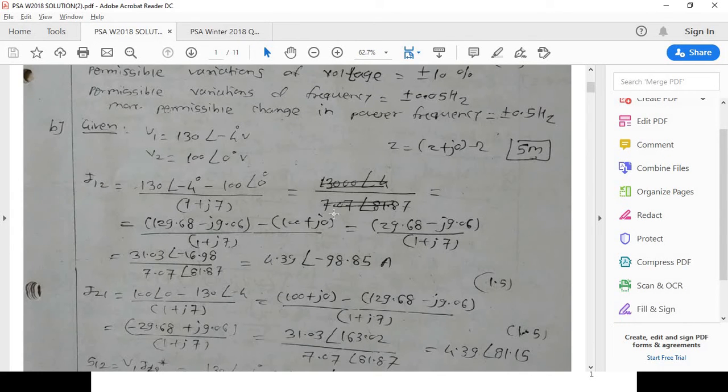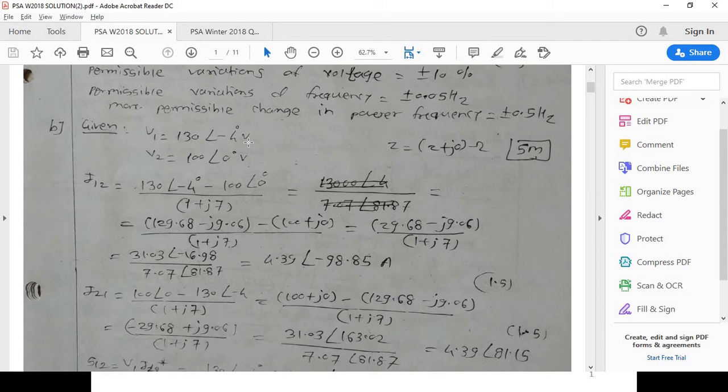Mostly in such types of numericals, make a practice of drawing the diagram. Here I didn't draw the diagram, but we can draw it: two voltage sources V1 and V2 are connected by the line impedance Z, and you can give the ratings of the voltage sources and impedances which are given in the numerical. As per the given data, V1 is the value of voltage source 1.